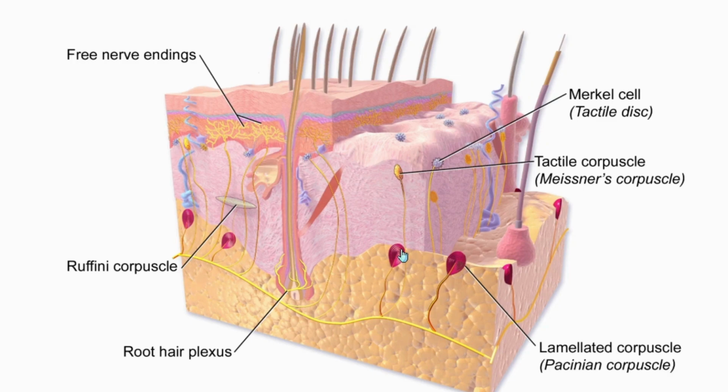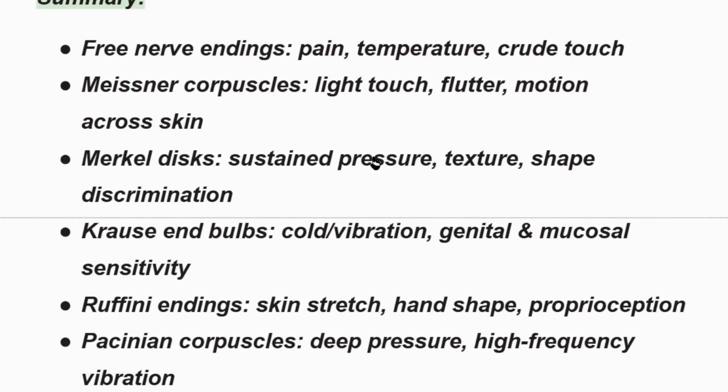and Pacinian corpuscle. In conclusion, free nerve endings are responsible for detecting pain, temperature, and crude touch, and Meissner corpuscles are responsible for light touch, flutter, and motion across skin, and Merkel discs are responsible for sustained pressure, texture, and shape discrimination, and Krause end bulbs are responsible for cold and vibration, genital and mucosal sensitivity, and Ruffini endings are responsible for skin stretch, hand shape, proprioception, and Pacinian corpuscles are responsible for deep pressure and high frequency vibration.